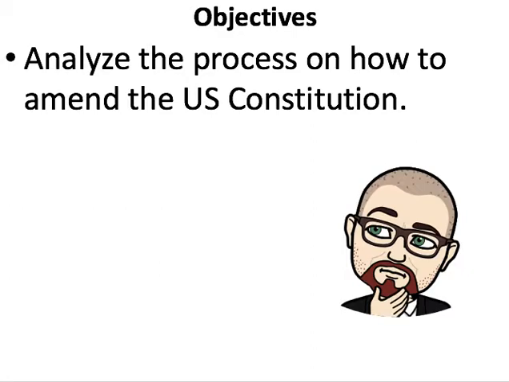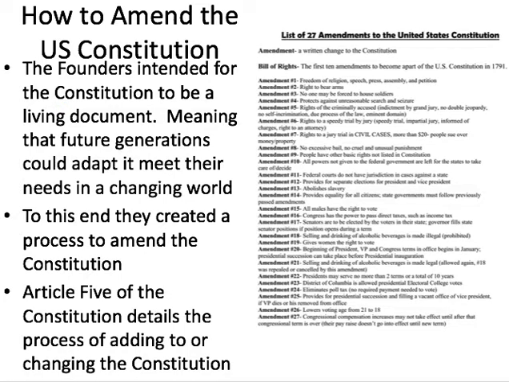All right, so why did we leave it that the Constitution can be amended? The founders, as previously mentioned, intended for the Constitution to be a living document, meaning that future generations could adapt it to meet their needs in a changing world.